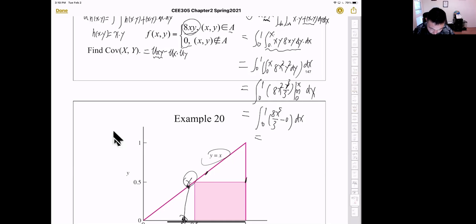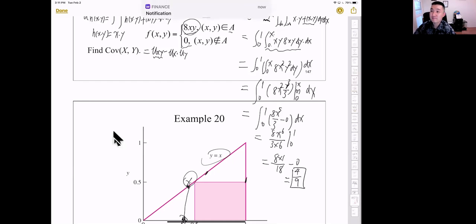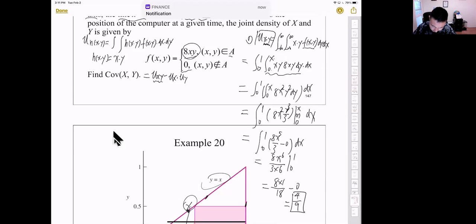That will equal 8 over 3 times 6, x to the power of 6, between 0 and 1. Plugging in 1 gives 8 over 18 minus 0, so that becomes 4/9.